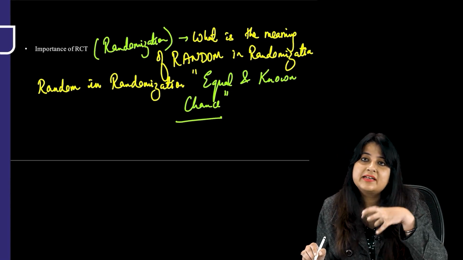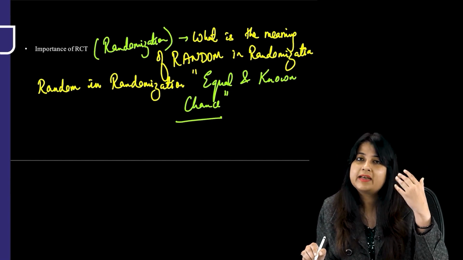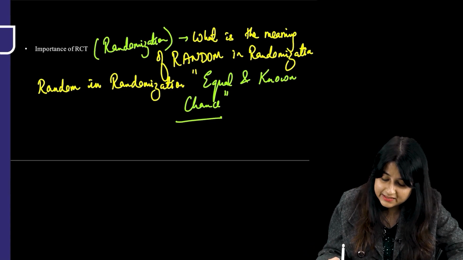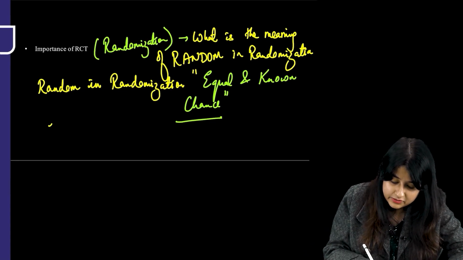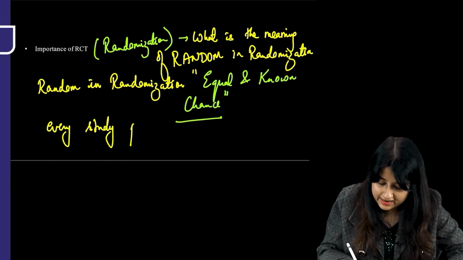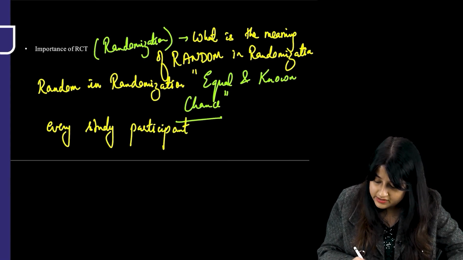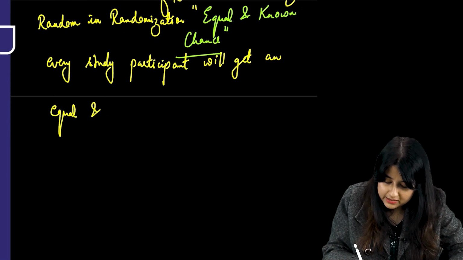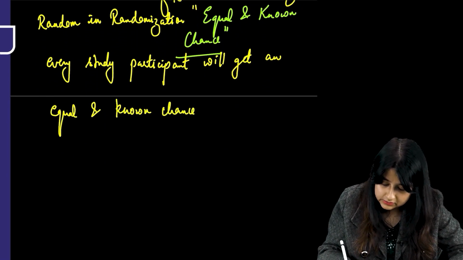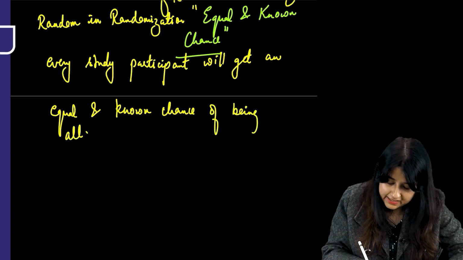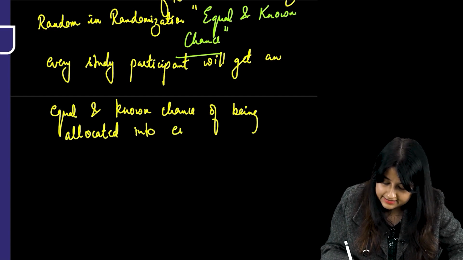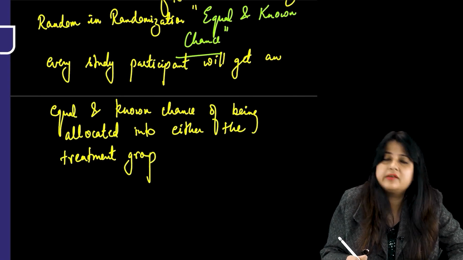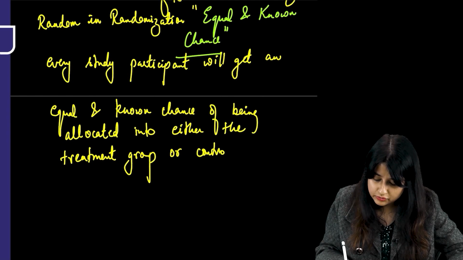If there are 100 people, everybody gets a chance of being allocated either to the treatment group, which is the study group, or the control group, which is the placebo.